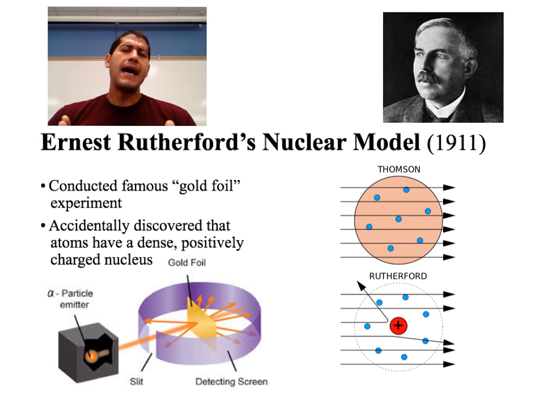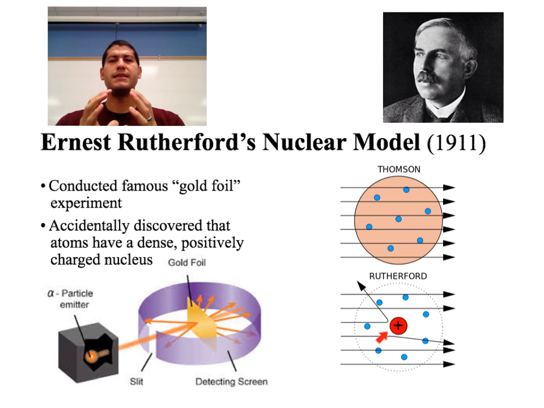Rutherford also thought it had to be a really small part of the atom, because only some of the particles were deflected. What he proposed in the end was the nuclear model of the atom: a dense, positively charged nucleus at the center that had most of the atom's mass, with electrons flying around the nucleus in orbits.